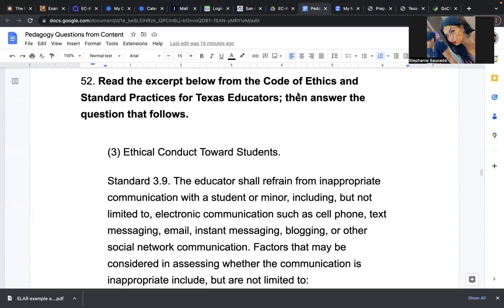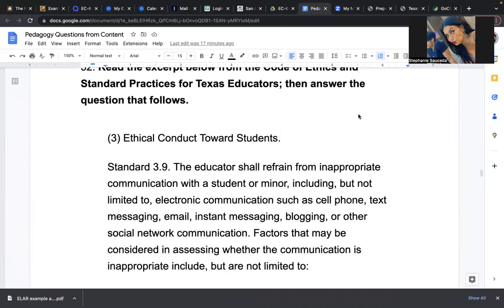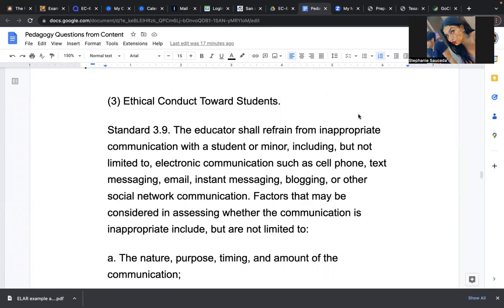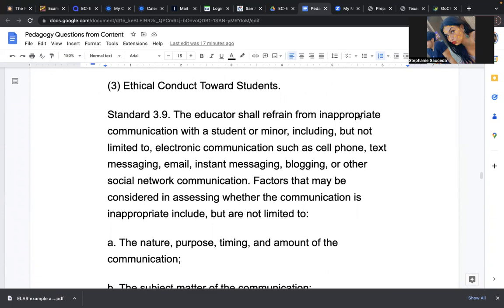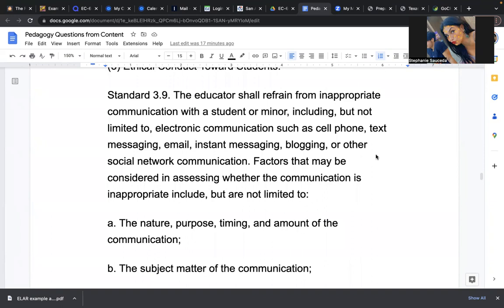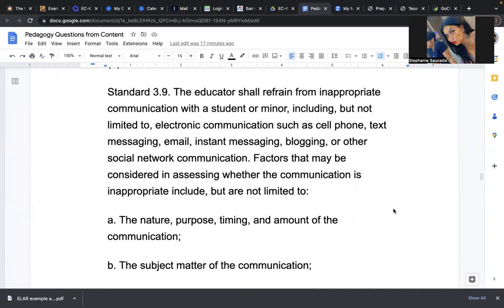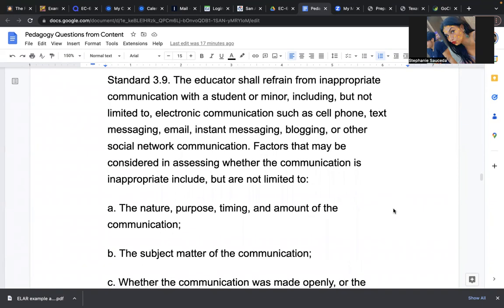Read the excerpt below from the Code of Ethics and Standard Practices for Texas Educators, then answer the question that follows. Ethical conduct towards students. Standard 3.9. The educator shall refrain from inappropriate communication with a student or minor, including, but not limited to, electronic communication such as cell phone, text messaging, email, instant messaging, blogging, or other social network communication.